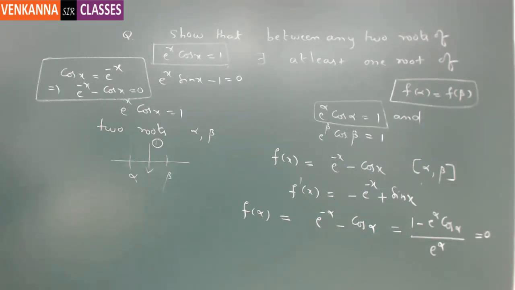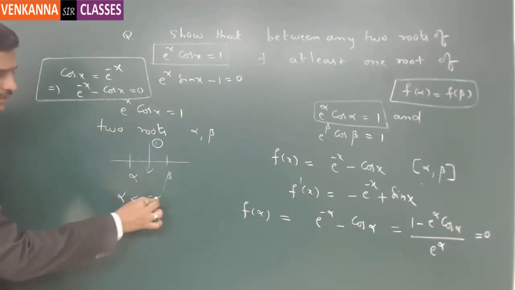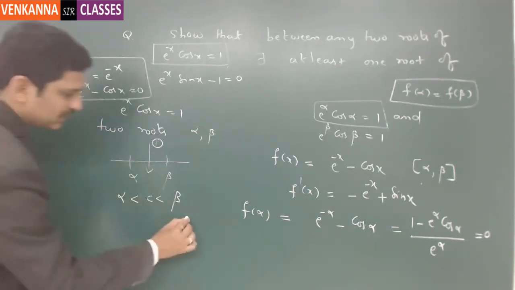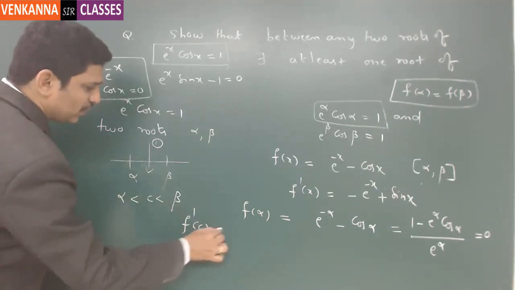Any more questions here for anyone? Or is that clear? Please tell. Right. Now, if we apply Rolle's mean value theorem, there exists a value, let us say c, lying between alpha and beta, such that f dash of c is equal to 0.